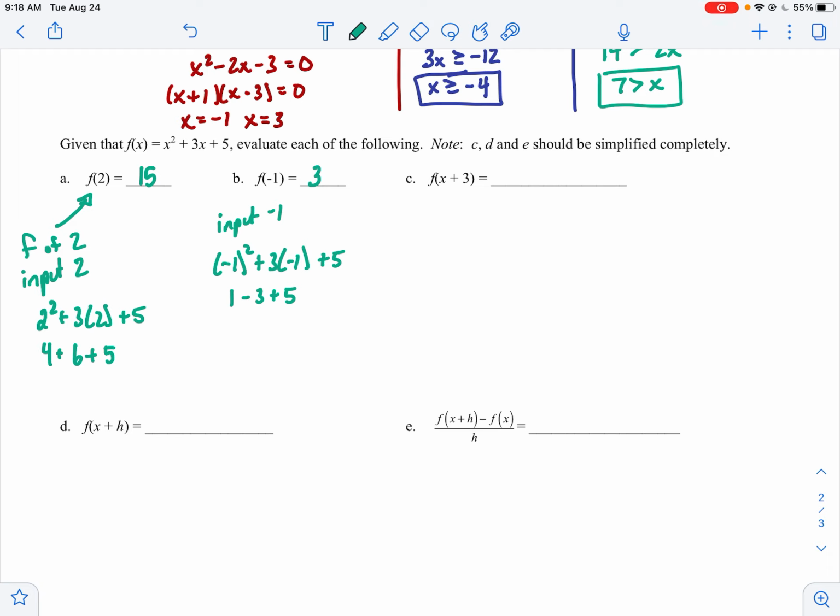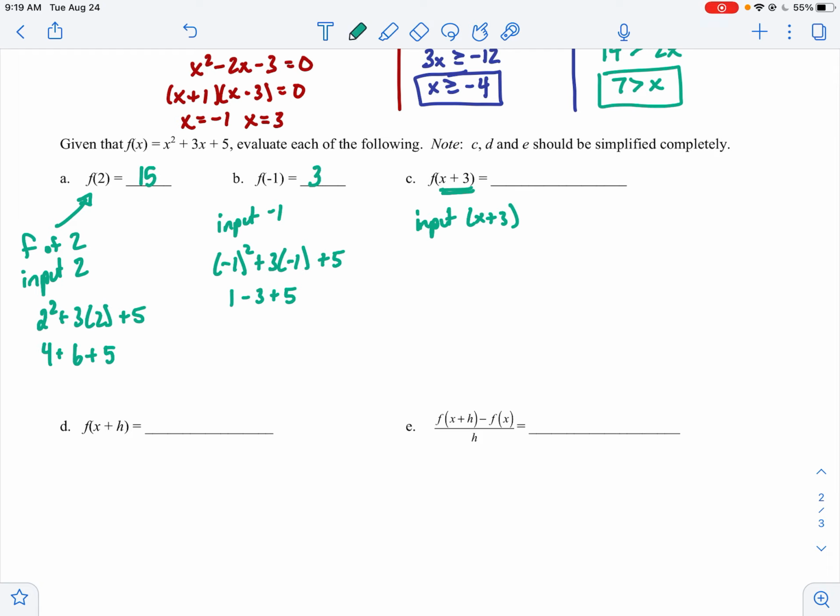So then what the heck does this next one mean? F of x plus 3. Okay. It's the same idea. This is just the input. So it's just saying that you're going to input the quantity x plus 3. So just like over here, when I inputted -1, it just said everywhere there's an x, I'm going to replace it with -1.